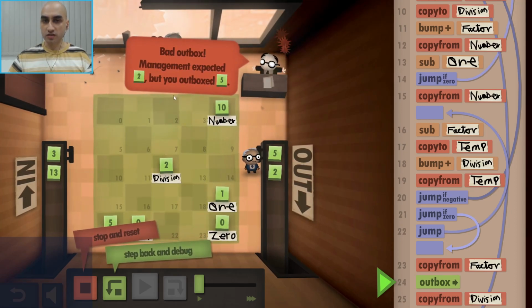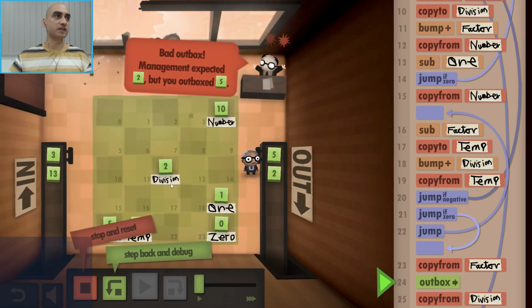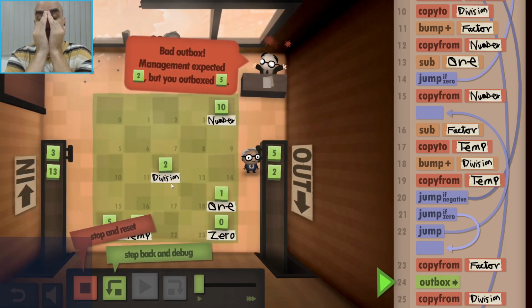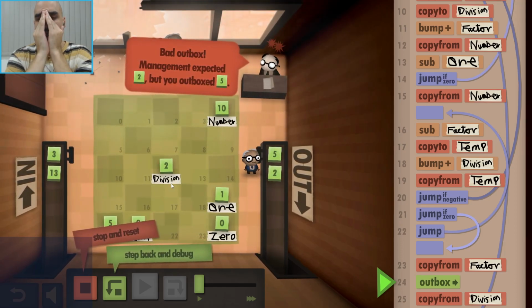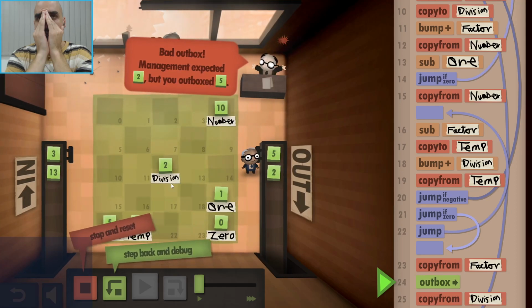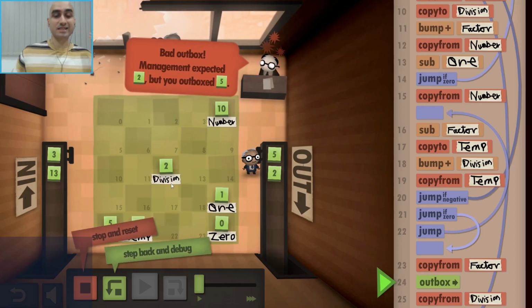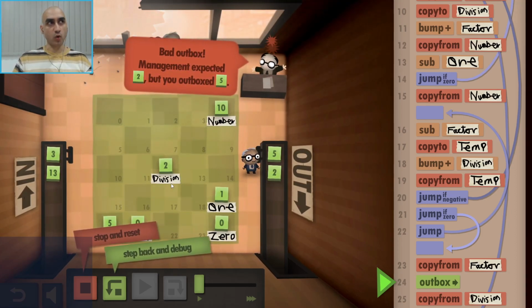You don't change number to be the division of the number. No, hang on. That's wrong. You're repeatedly dividing by 2 until there are no more 2s. What I'm doing right now is just one division of 2.